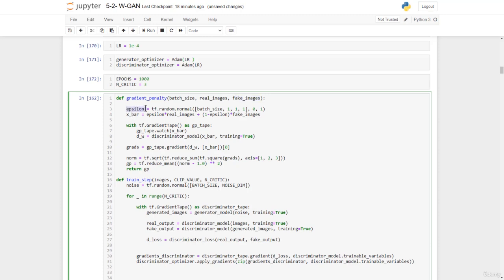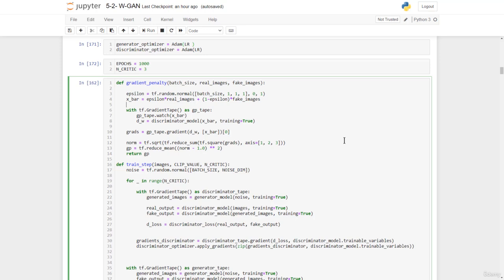We define the epsilon, which is drawn from a random normal distribution, and the reason we ensure that this epsilon's shape is the batch size by 1 by 1 by 1 is simply because for each real image and fake image pair there should be a value for epsilon.